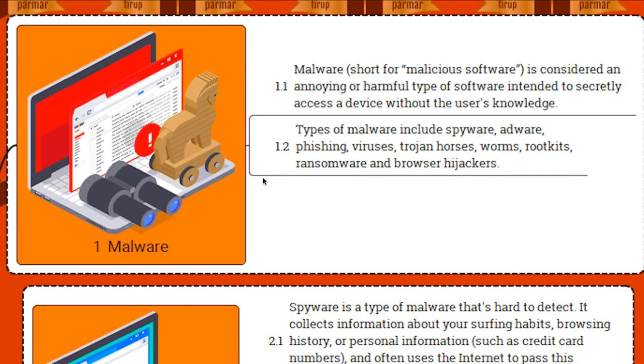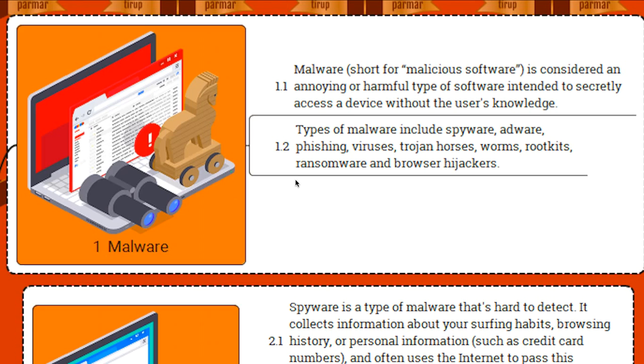As you can see, first we are going to start with something which is called malware. So what do you mean by malware? This refers to any type of malicious software that tries to infect a computer or mobile device. Hackers use malware for any number of reasons, such as extracting personal information or passwords, stealing money, or preventing owners from accessing their device. You can protect yourself against malware by using a proper antivirus.